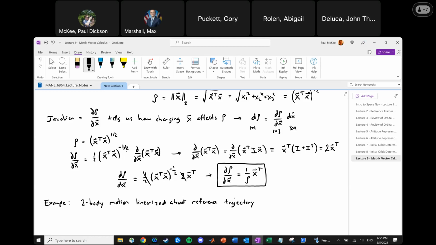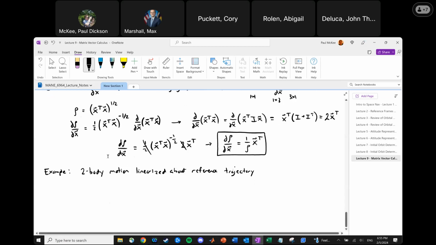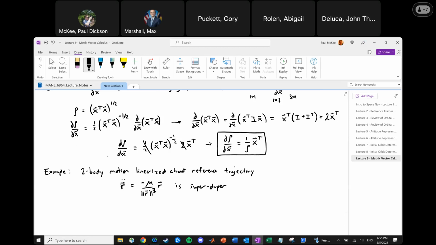So first, I want to notice something. R double dot is equal to negative mu over R squared, cubed R is super duper nonlinear.